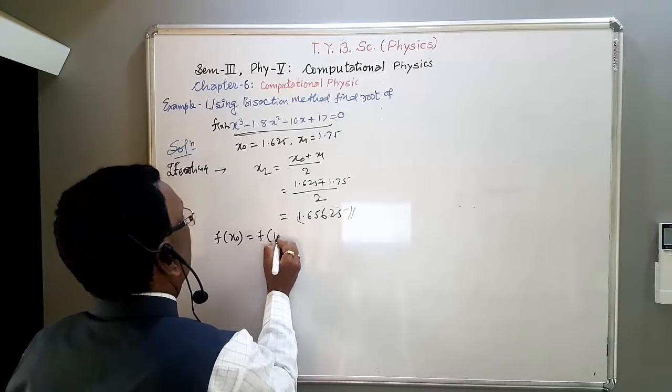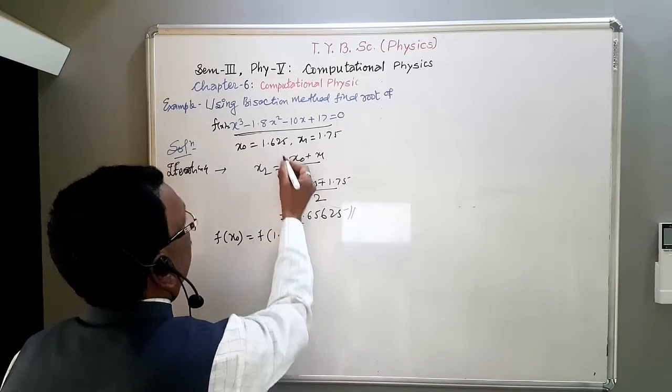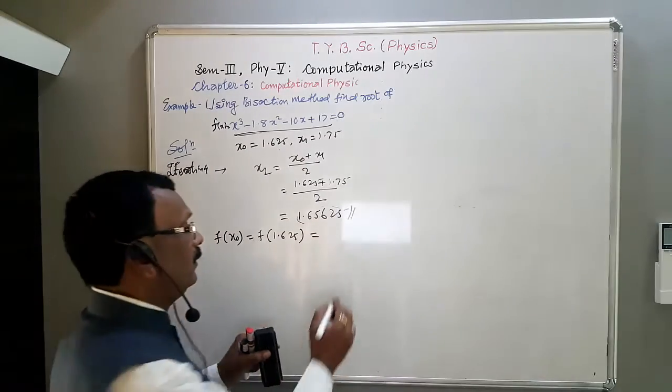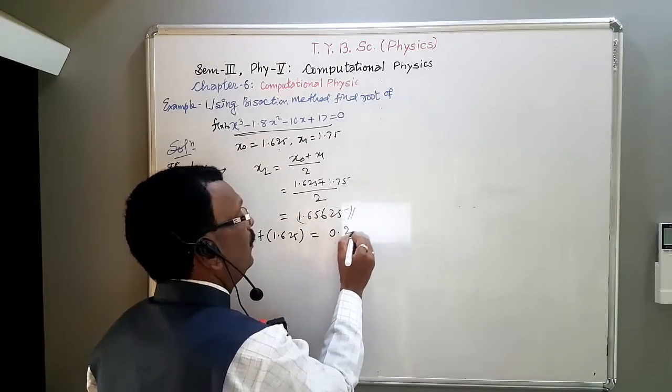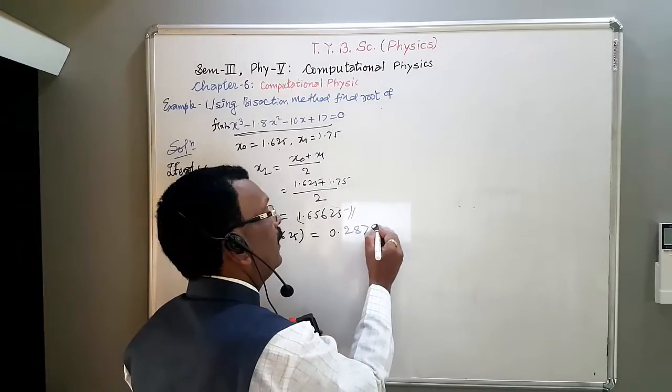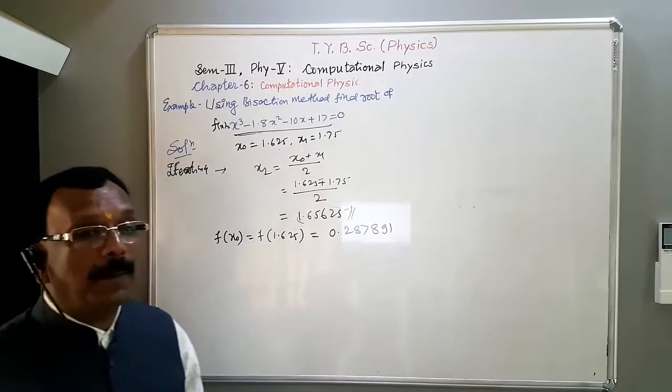F of 1.625. Substitute this value in this, and we already calculated this value, and the result is nothing but 0.287, first 3 digits, and then 891 are the next 3 digits.